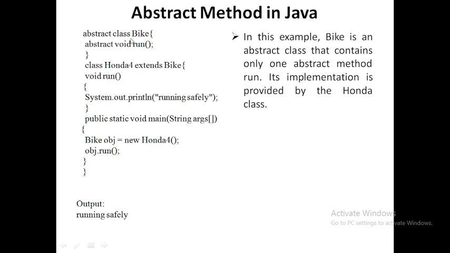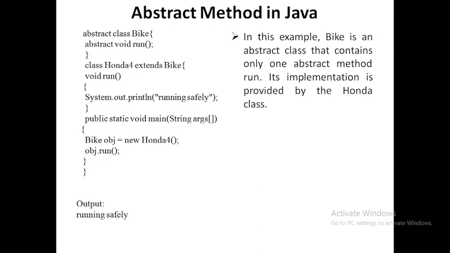Here I have taken the parent class as Bike. Class Bike is a parent class. I am using the keyword abstract, and by using it I am forming an abstract method, abstract void run. Class Honda4 extends Bike, which means class Honda4 is a child class.